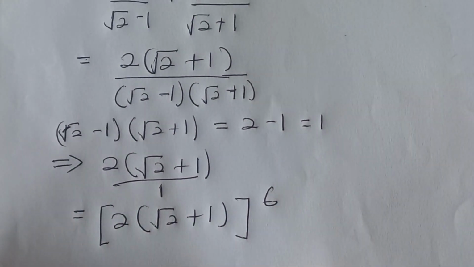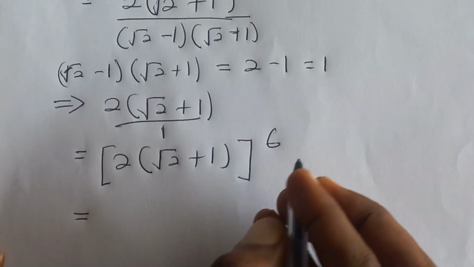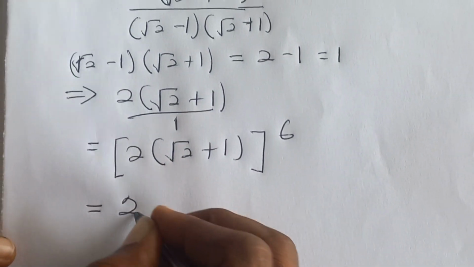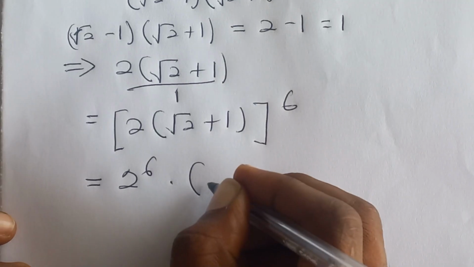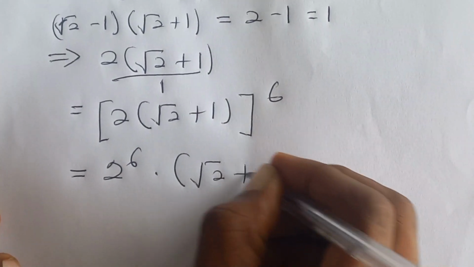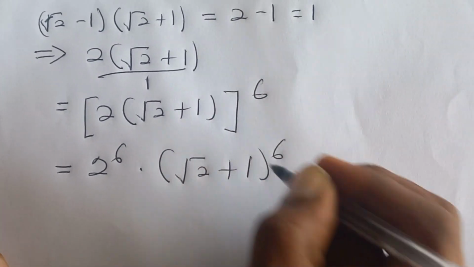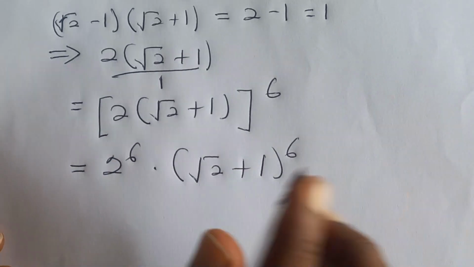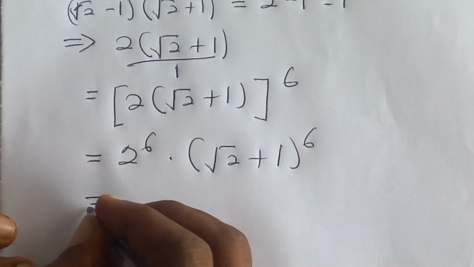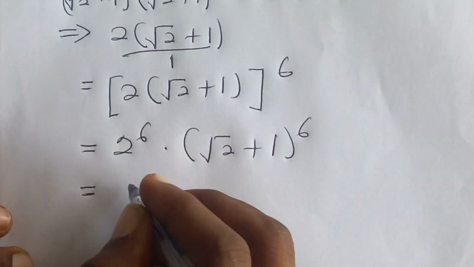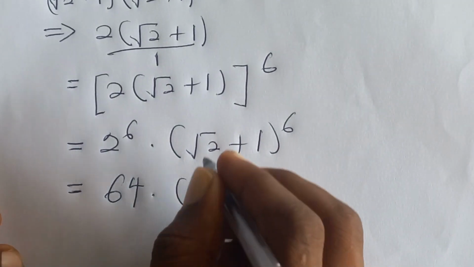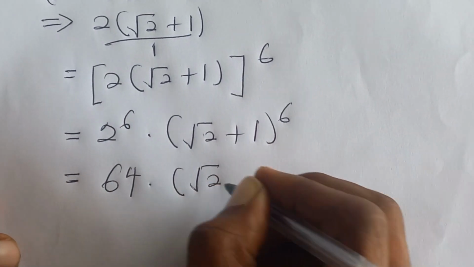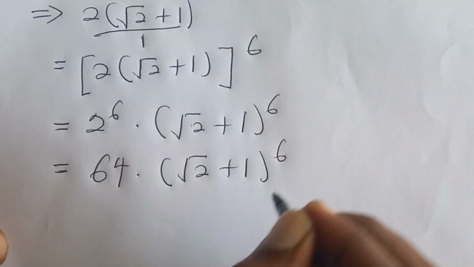We introduce the exponent, so we are going to get 2 exponent 6 multiplying by square root of 2 plus 1 all exponent 6. We know that 2 exponent 6 is easy, it is 64, multiplying by square root of 2 plus 1 all exponent 6.